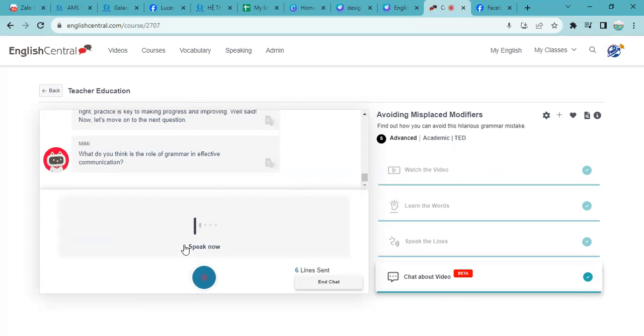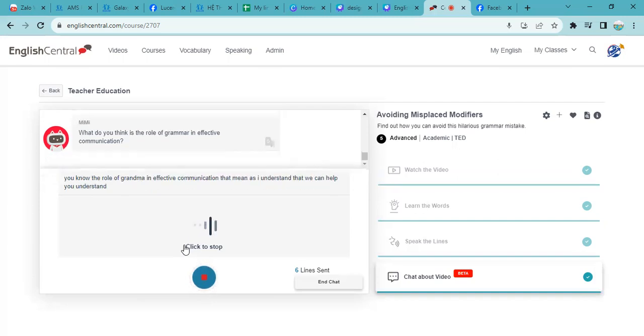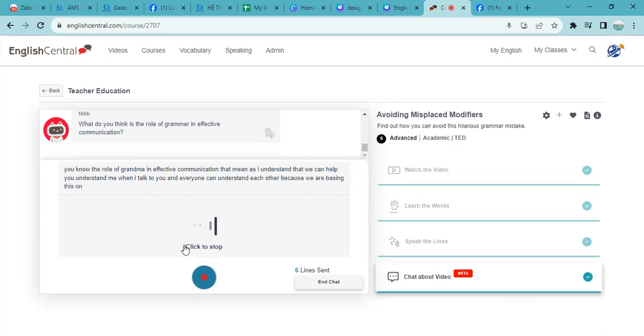You know, the role of grammar in effective communication, as I understand, means it can help you understand me when I talk to you, and everyone can understand each other because we are basing it on standard grammar, right? So when we are using standard grammar, we can use language precisely and say exactly what we want to transfer.